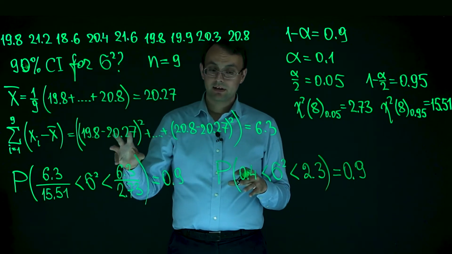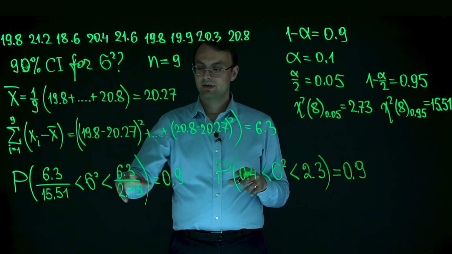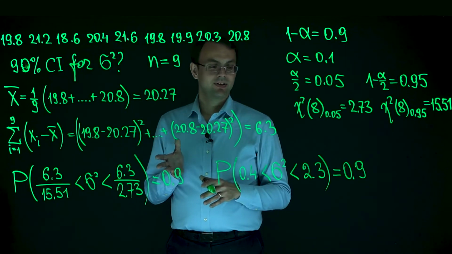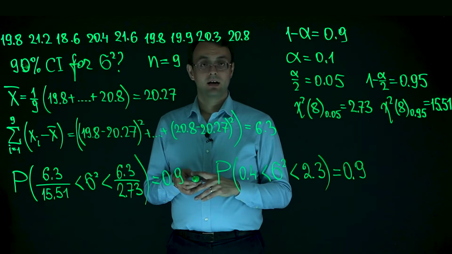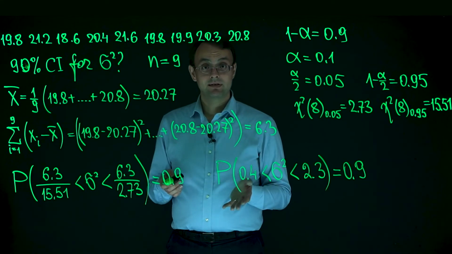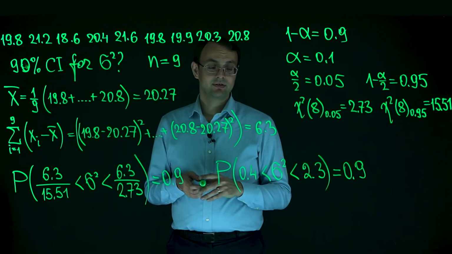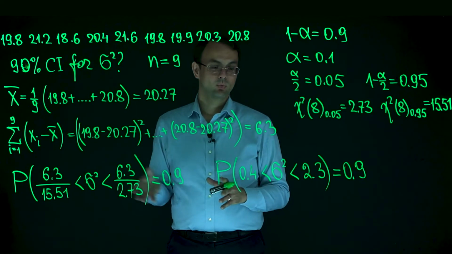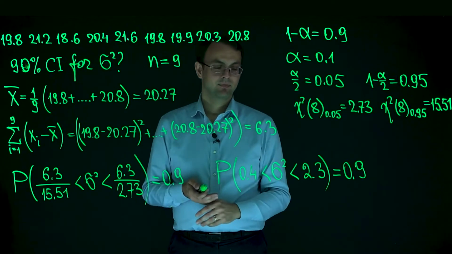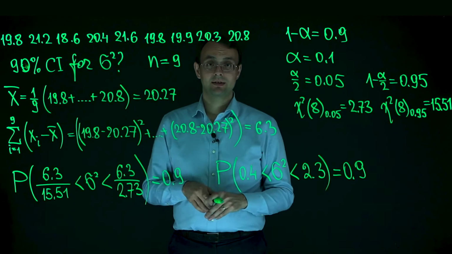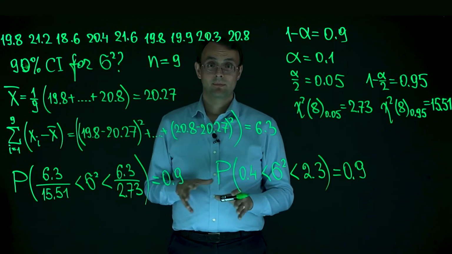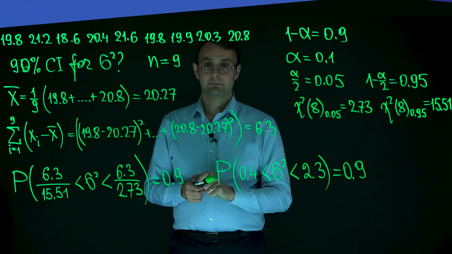Here we don't have any additions, only divisions, and so we cannot say that this interval is sample variance centered. We just get the endpoints, and we cannot present it in the form something plus minus something else. So that's it.